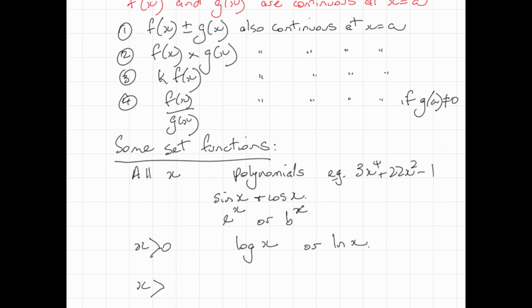For x greater than or equal to 0 there is the square root of x, so that function is continuous for all x greater than or equal to 0. So those ones are worthwhile. So this is continuous over all x.